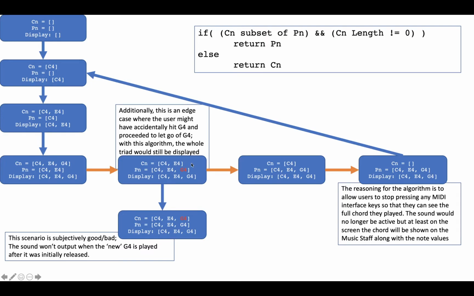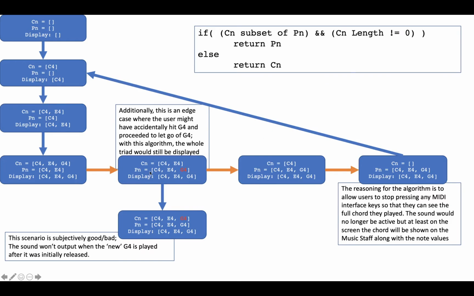But there were situations with the previous iteration of my code where it just wasn't working the way I wanted, in the sense that when I repressed G4, or just G in general, I wasn't able to hear any of the new sounds. This was because my algorithm for playing sounds and displaying things were basically the same.